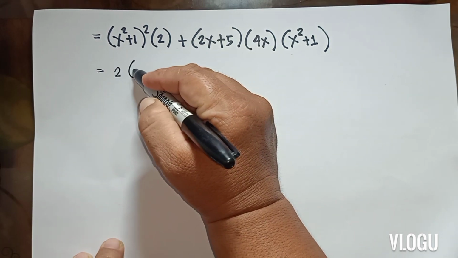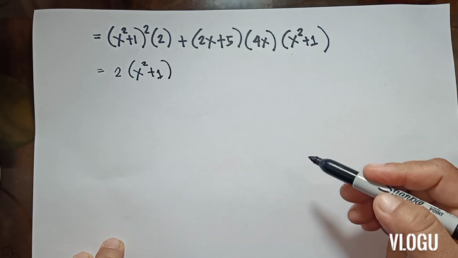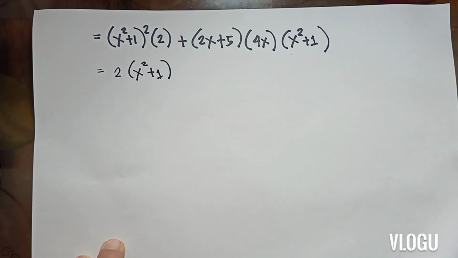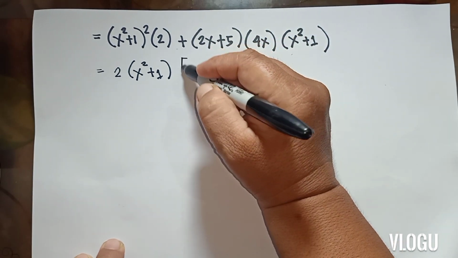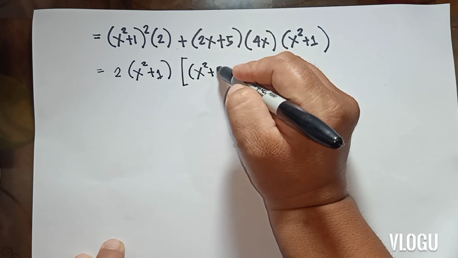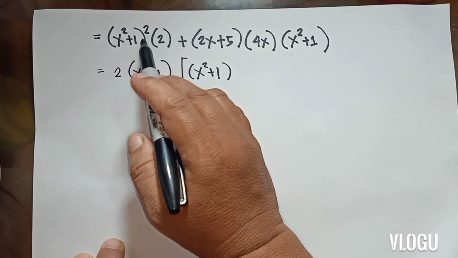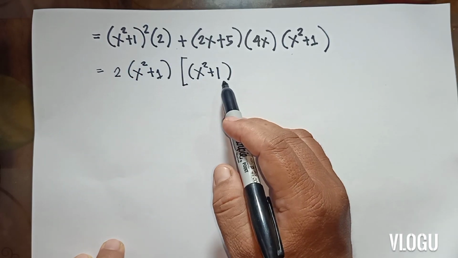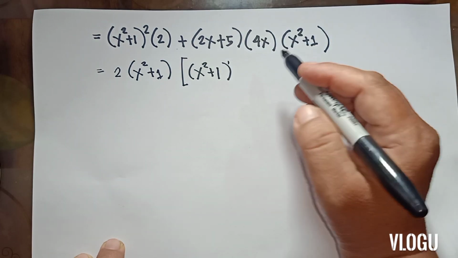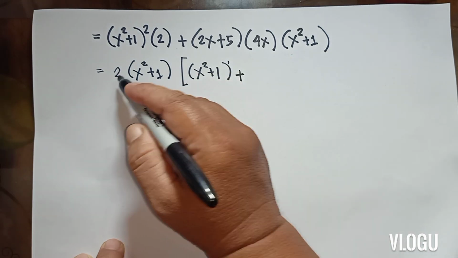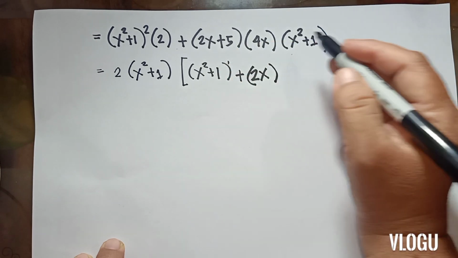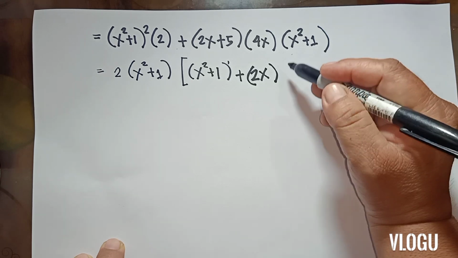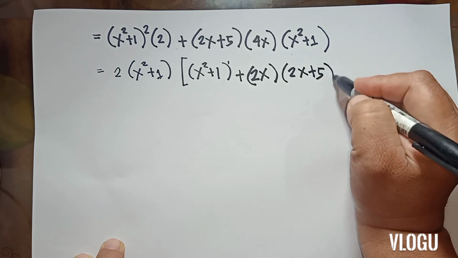We will have 2(x squared plus 1) as our common factor. Then what is left inside: we have x squared plus 1, because we have factored out 1 here, so what is left is raised to 1. Then we factored out 2, so what is left is 2x for the 4x. And then this one, 2x plus 5, is being factored out.